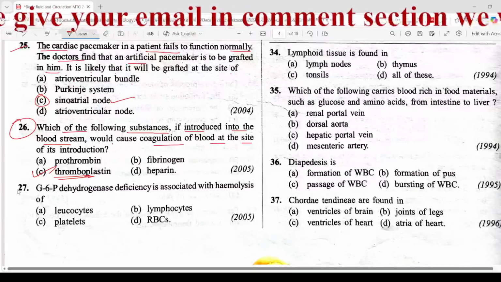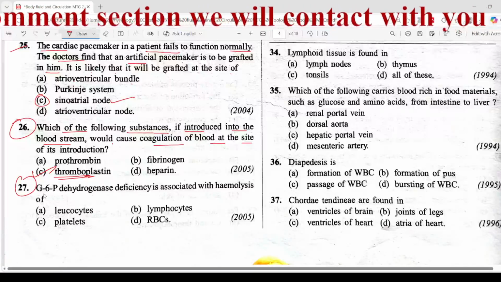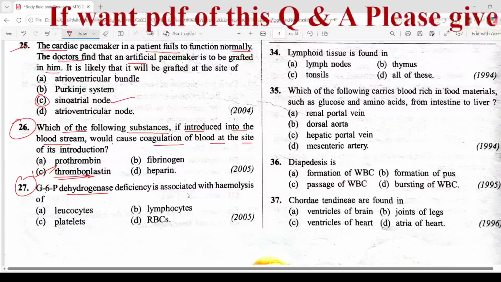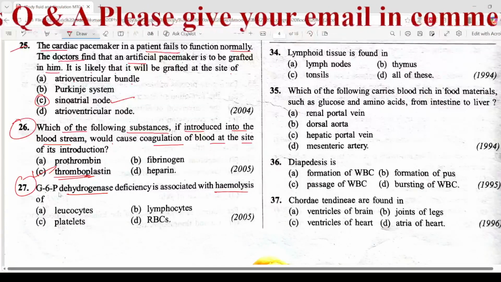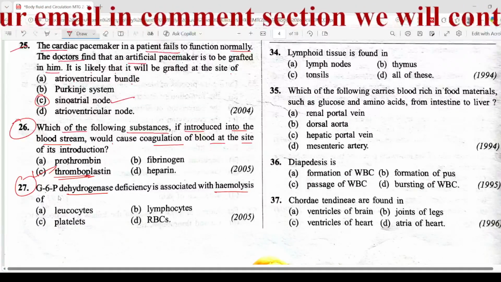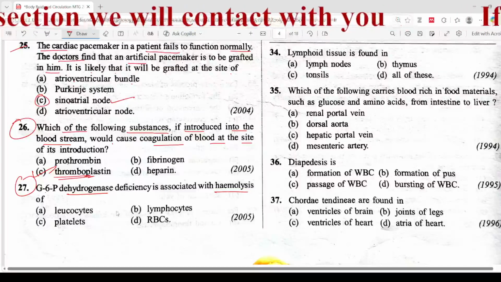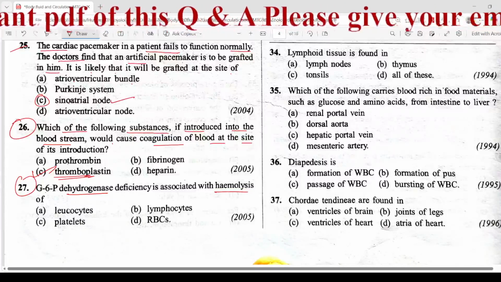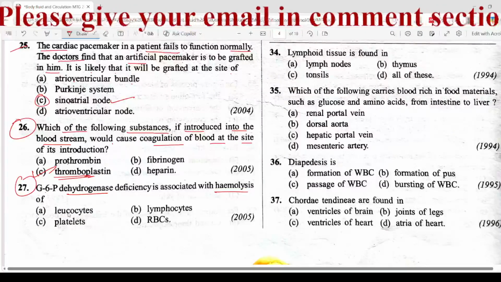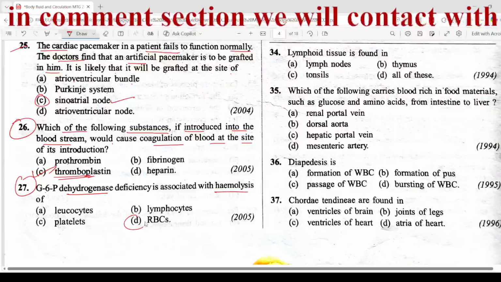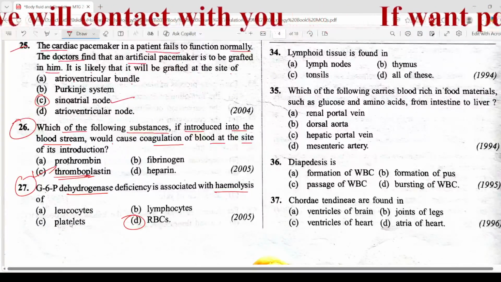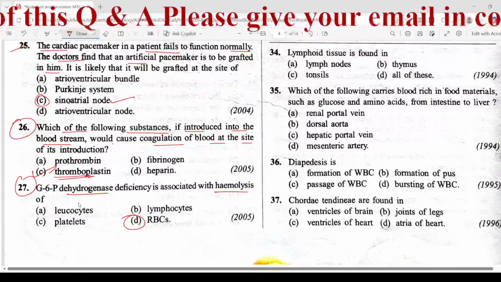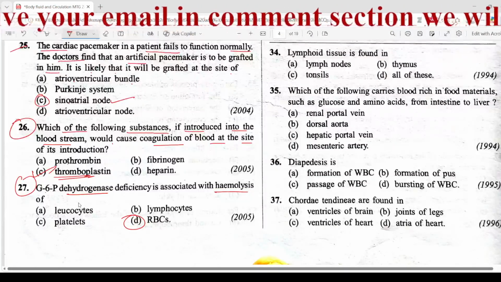So next question 27. G6P dehydrogenase deficiency is associated with hemolysis of. So the correct answer for this question will be the option D. So here the explanation is glucose 6-phosphate dehydrogenase is a cytoplasmic enzyme that is distributed in all cells.